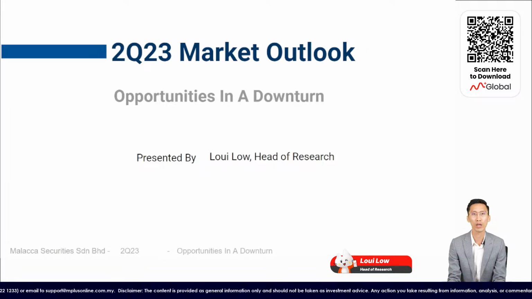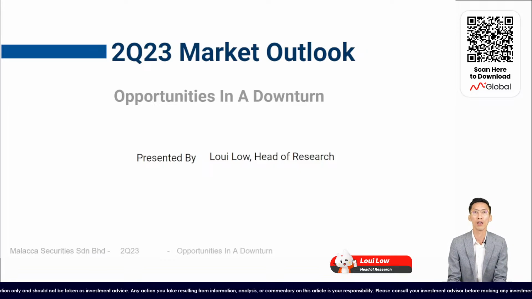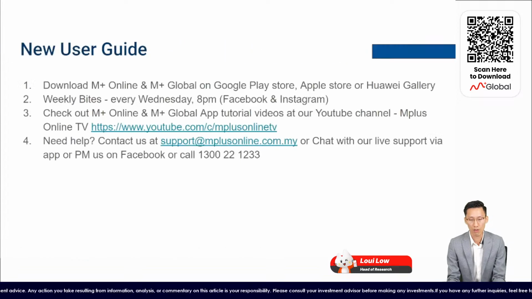When the FOMC meeting comes up with their decision, whether it is a more hawkish or more dovish tone, I think that is very important for us to decide which sector to put our money into and what sort of asset classes we can use to engage with the market.